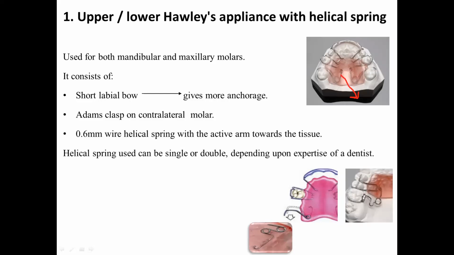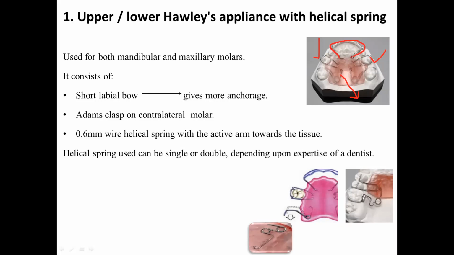This appliance has Adam's clasp for its retention. We need retention of this plate in the arch, so we need retainers, and these retainers are called Adam's clasps. They help us in retaining the appliance in the oral cavity, as does the labial bow. The labial bow is also used in this appliance.